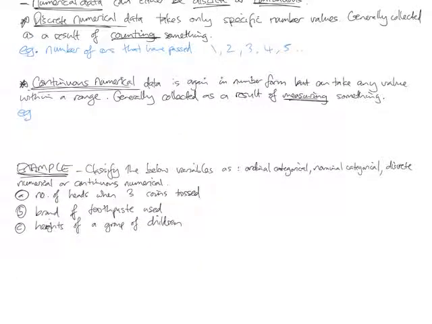Whereas continuous numerical data is, again, in number form, but it can take any value in a certain range. So you're going to generally not count this stuff. You're going to measure these values instead. So height of people.